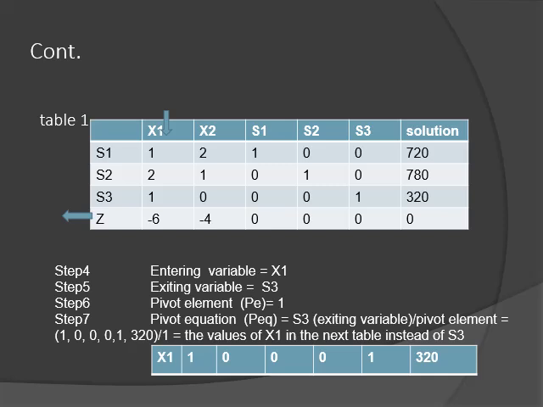So this table will be designed. The first upper row consists of the basic variable or non-basic variable, which now are x1, x2, s1, s2, s3, and solution. The status of mentioned variables now is non-basic variable.